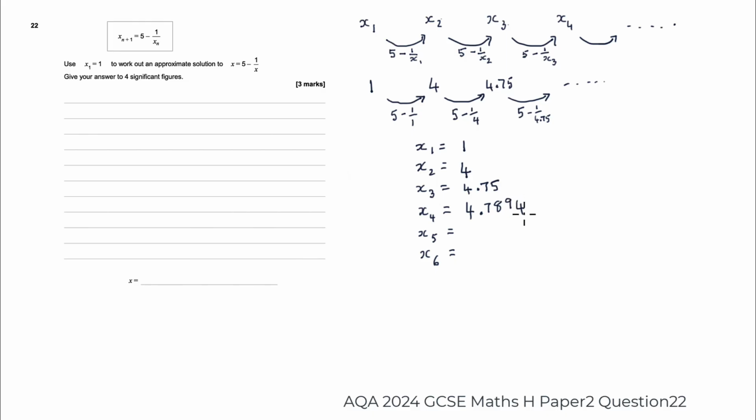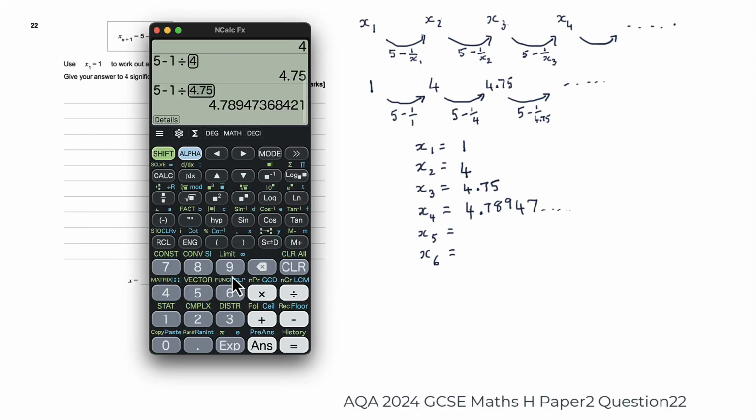4.78947. Now, 4 significant figures, 1, 2, 3, 4. I'll just keep a couple beyond that, so I'll work just now to 5 decimal places. But we know these decimals go on and on and on. So let's do the next one. So that's 5 minus 1 divided by that previous answer.